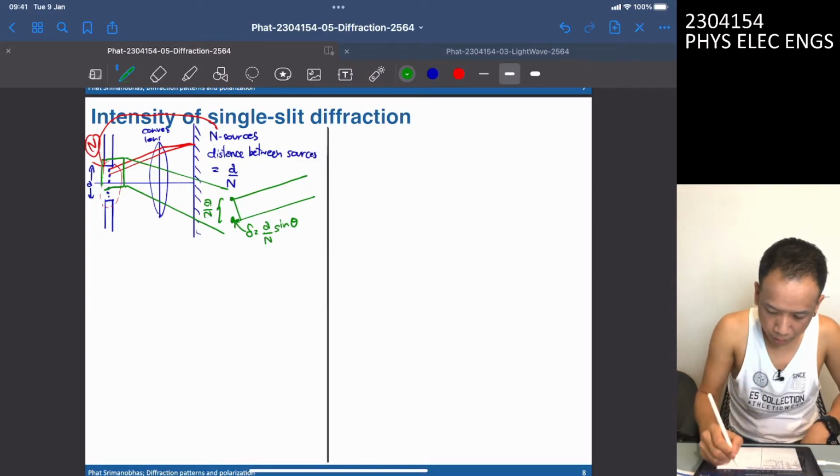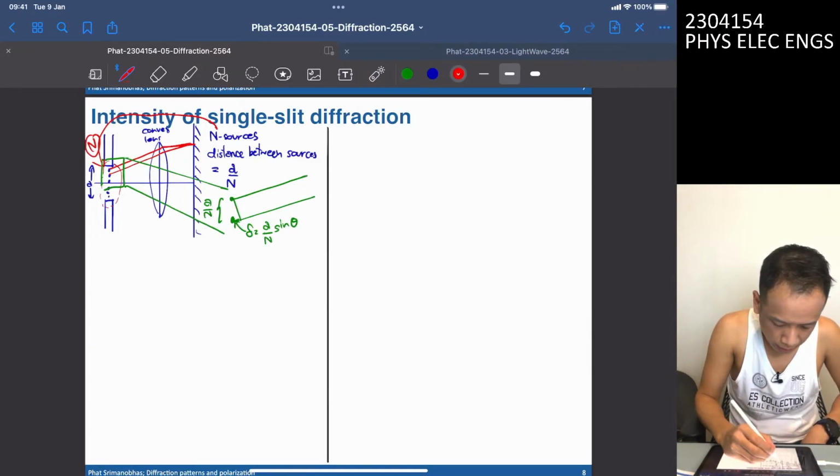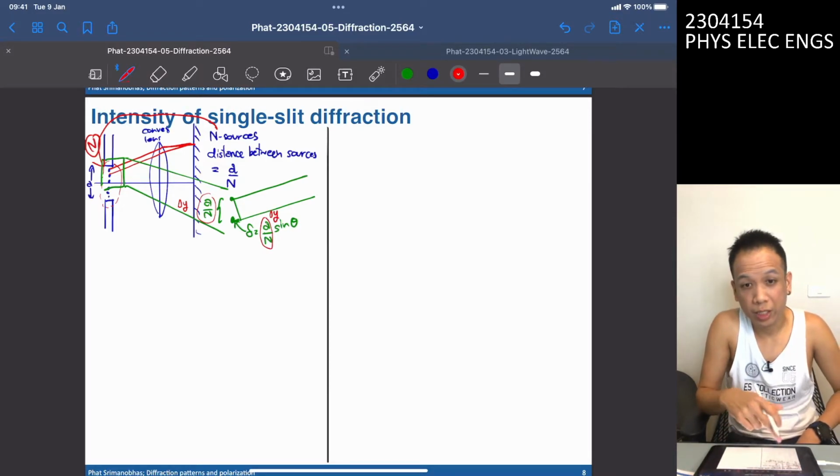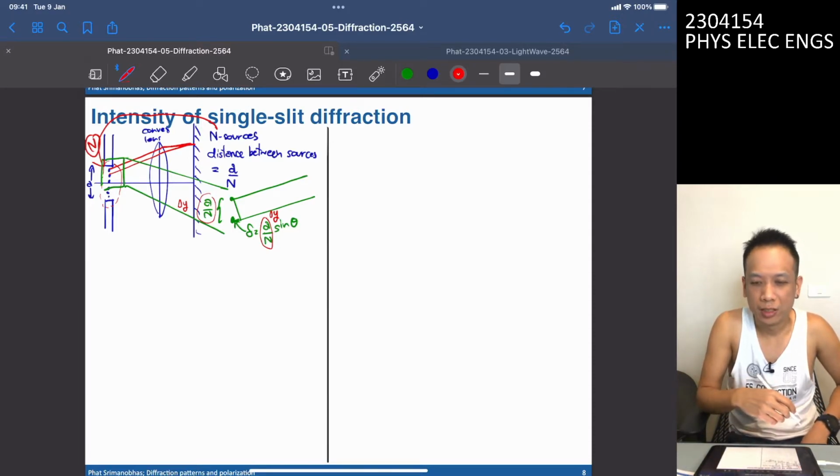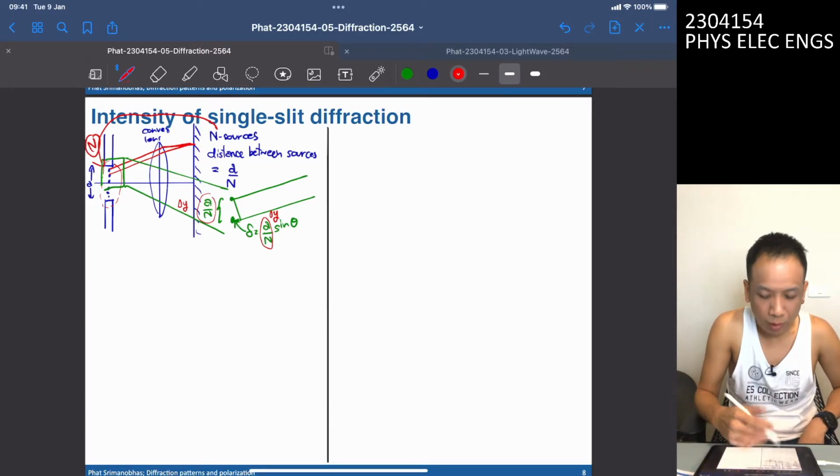In my lecture, I call this a over N the delta y. You can keep a over N all the time, but you would need to write a over N several times, so you can just write it as one parameter. So I put it as delta y.